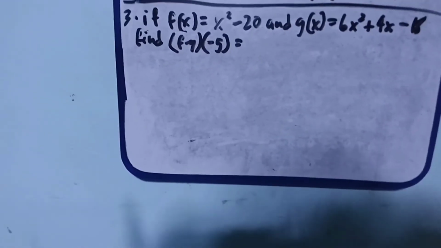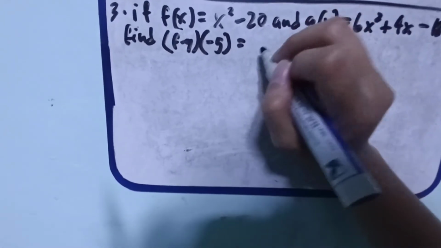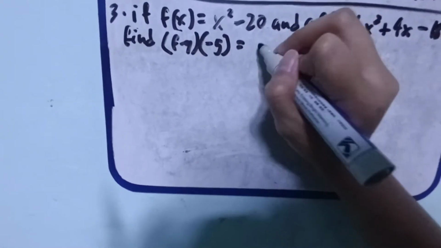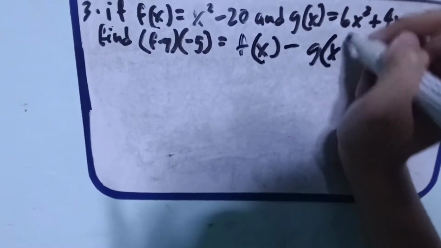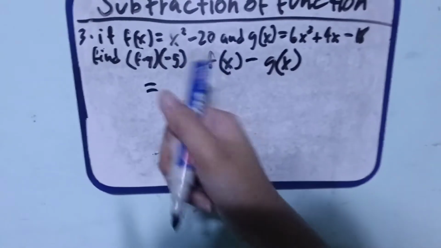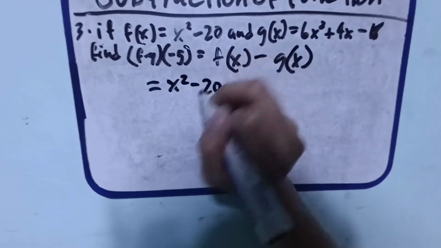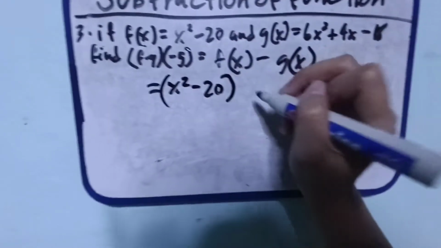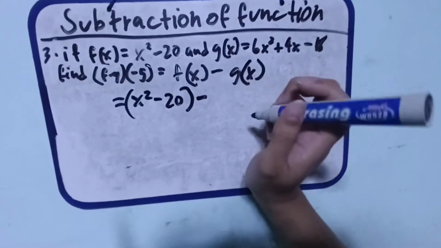I mean the simplest form of function. So, f of x minus g of x. Our f of x is x squared minus 20. Parenthesis. Minus g of x, which is 6x squared plus 4x minus 18.